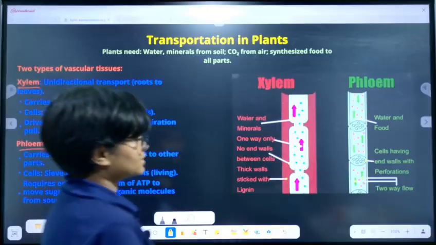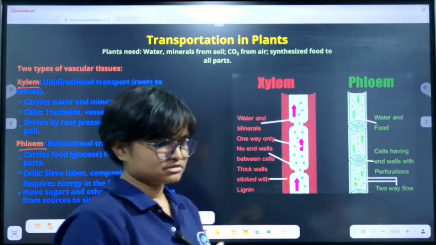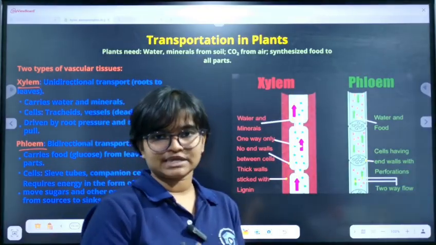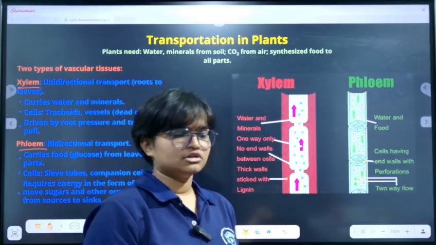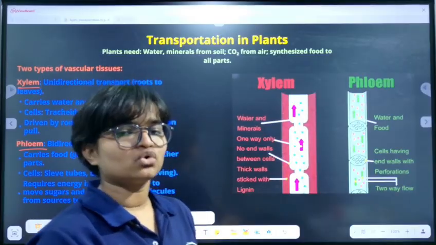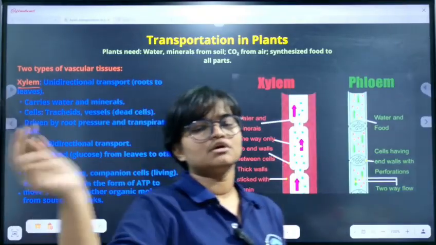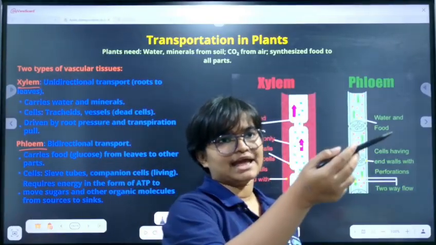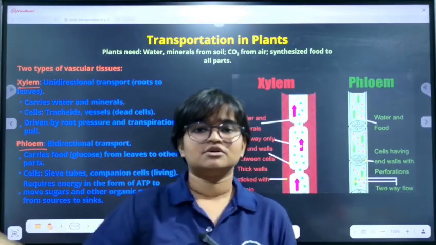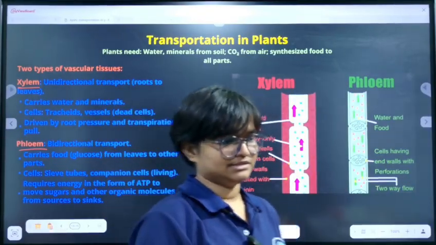In the xylem, as you can see, roots take the water from the soil. Okay, so the thing is that it goes upward, and from there it goes to the leaf, flower, fruits, like this.